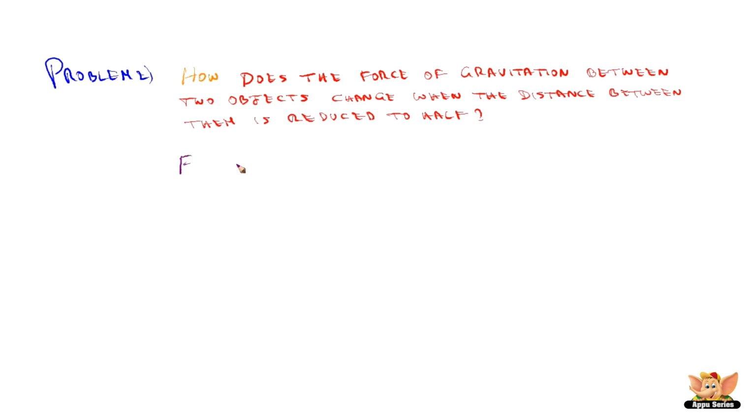We know gravitational force is given as G into the product of the masses by the square of the distance between them. Now in one case, if the distance between them is r, the force is this.